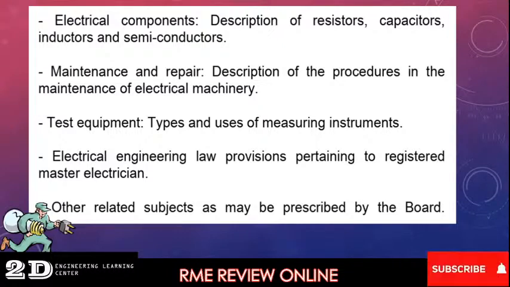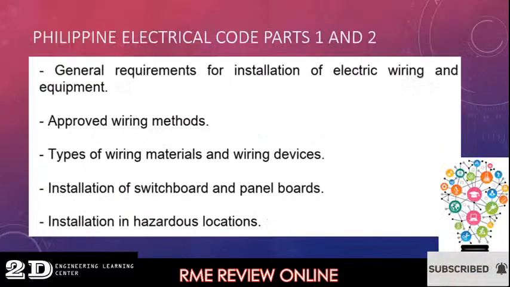Then you have electrical engineering provisions, so pertaining to registered master electrician, so that is the RA 7920 or the new electrical engineering law. And we have the other related subjects as may be prescribed by the board. So ito yung technical subject. So this will be on the morning, 4-hour 50-item multiple choice exam.